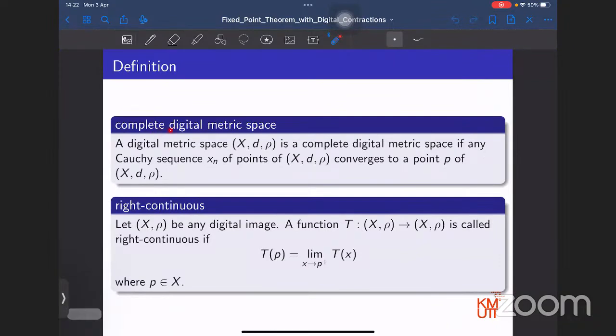A digital metric space is a complete digital metric space if every Cauchy sequence xn converges to some point in this space. A map T is continuous if T(p) is equal to the limit of T(x) as x goes to p.